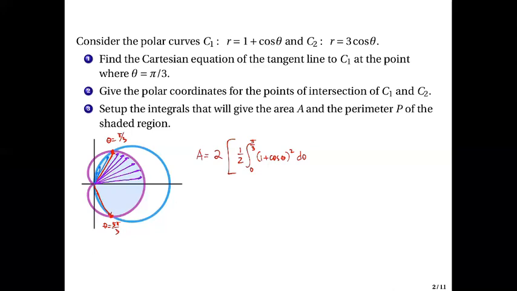Therefore, we have here plus 1/2 integral from pi over 3 until pi over 2 of the circle, 3 cosine theta squared d theta. And that will be the setup of the integral that will give us the area.